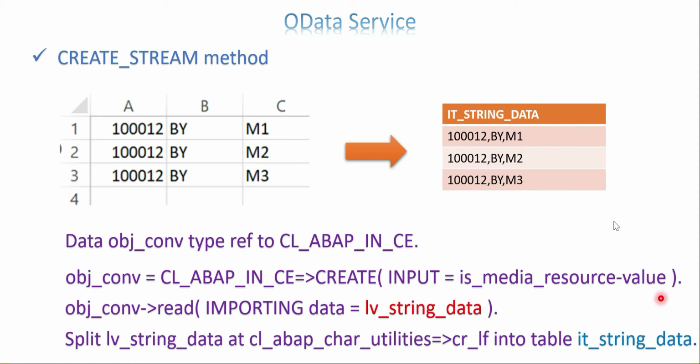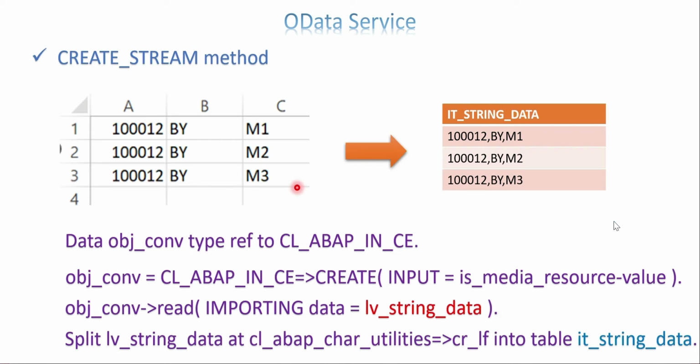This is one of the parameters in the signature of the create stream method, which carries the value of your CSV file. That is going to be the input, and then we make a reference of it. Once it is done, we need one more method called read. This read method gives the string data, whatever it reads from the value, and this is going to be a string variable.